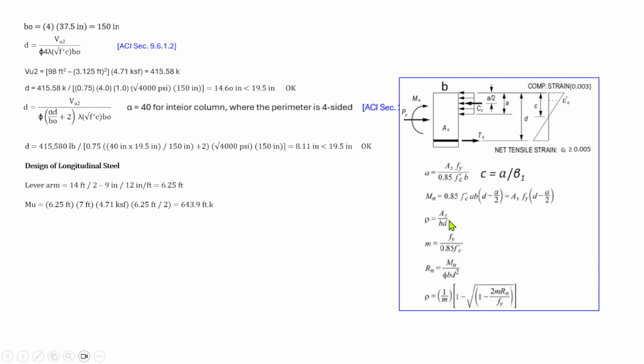If we recall the basic flexure formula, just like we used in beams, we have this formula. Then to find the steel ratio, we have all these parameters, m and Rn.